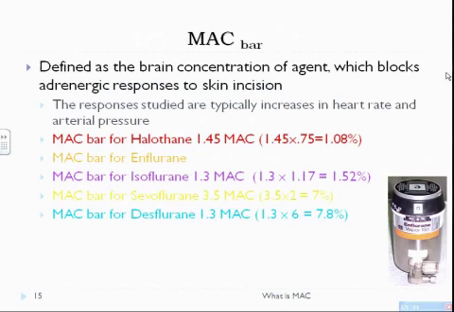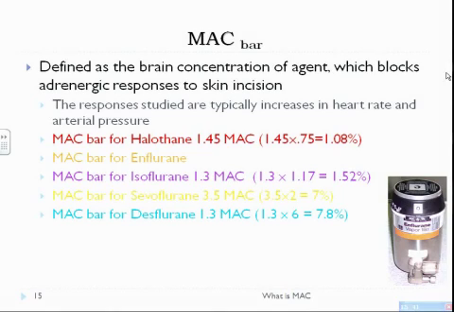Okay? Now the difference between MAC and MAC bar: MAC is a measurement of pain, and it's a reflex arc of the spinal cord. MAC bar, the way you remember it, is you're barring autonomic response. That's what the BAR stands for. Barring autonomic response. Okay?